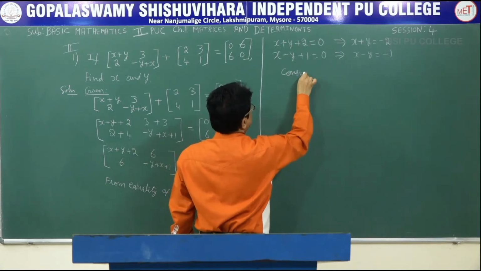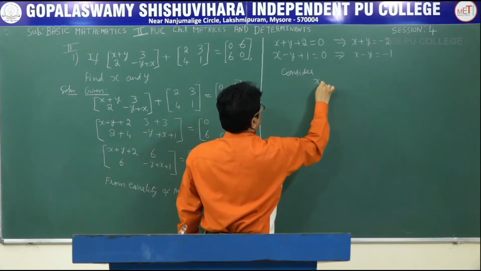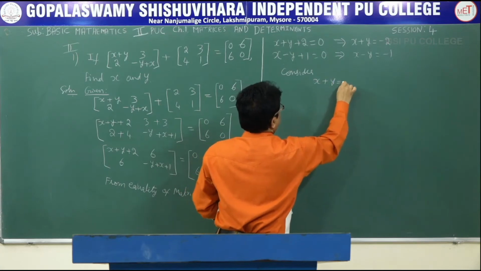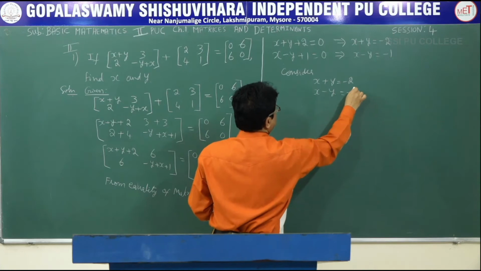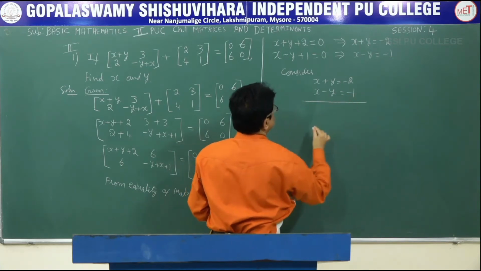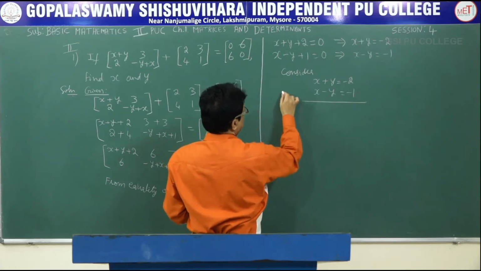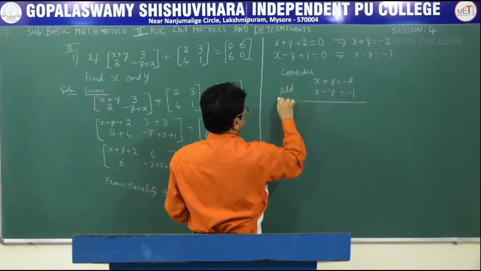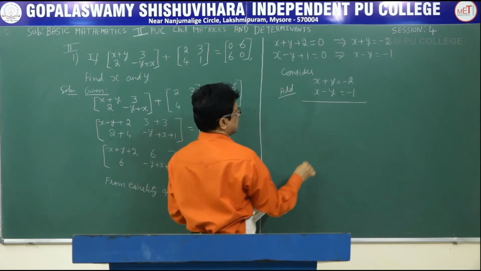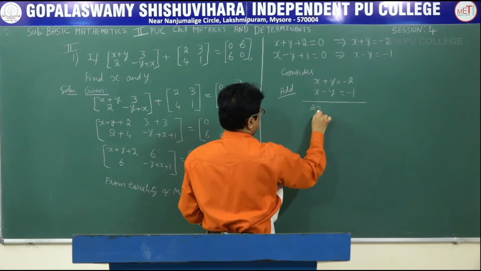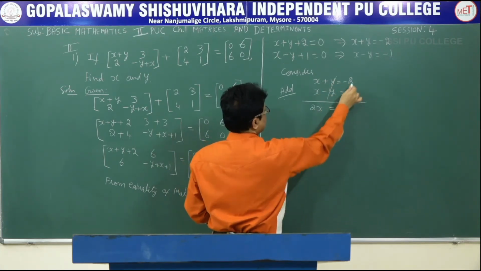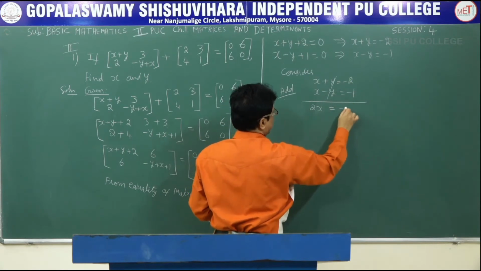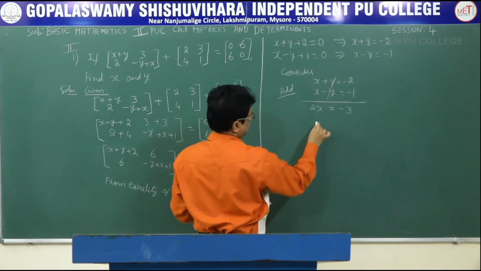Consider x plus y equals minus 2, x minus y equals minus 1. Let us add these two equations. So x plus x, 2x, plus y minus y will get cancelled, that equals minus 2 minus 1 is minus 3.